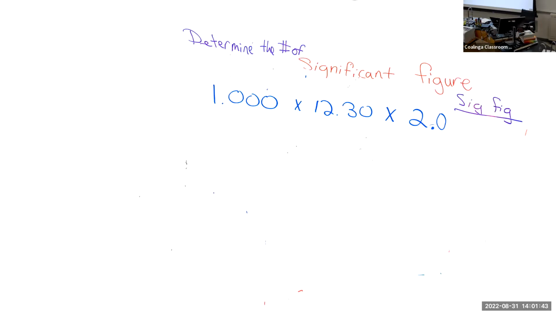Okay, so how many sig figs does this one have? Four. That's 4 sig figs. How many sig figs does this have? 4. And then how many sig figs does this have? That's 2. So the one that has the least amount of sig figs is the number of sig figs we're going to end up with. Okay, so multiply this.